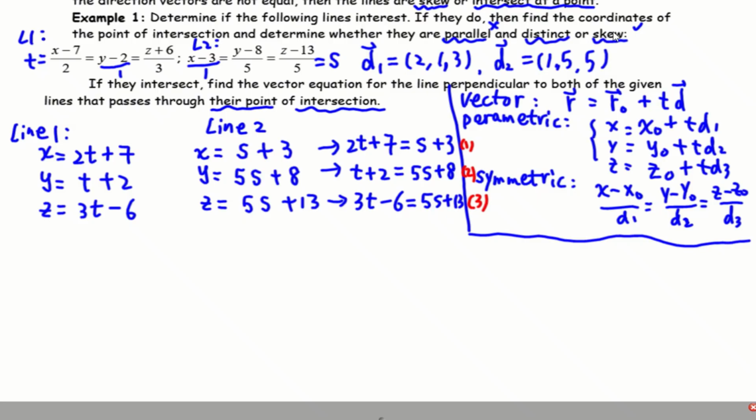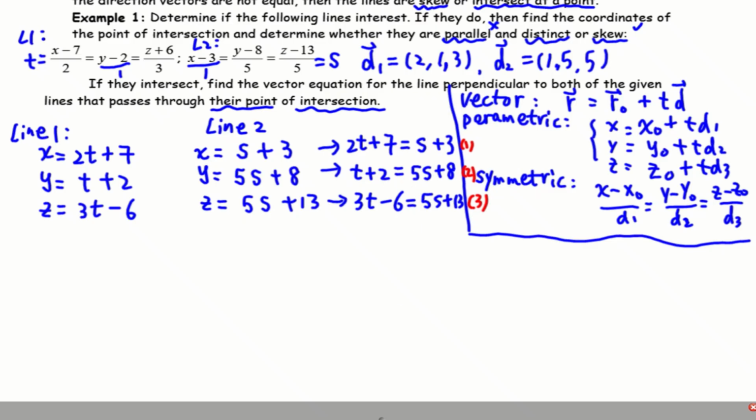So they don't have a point of intersection. Two variables but three equations, it will happen that there are no solutions if the third one doesn't satisfy the solutions from the other two.